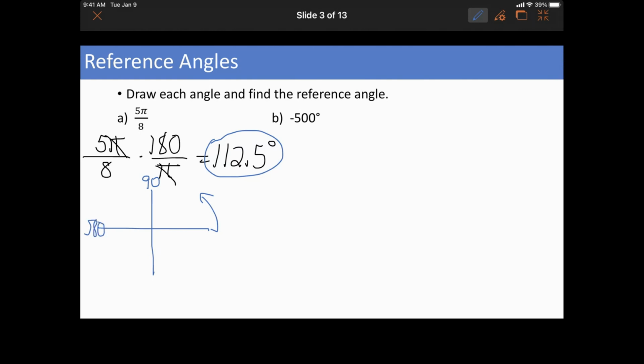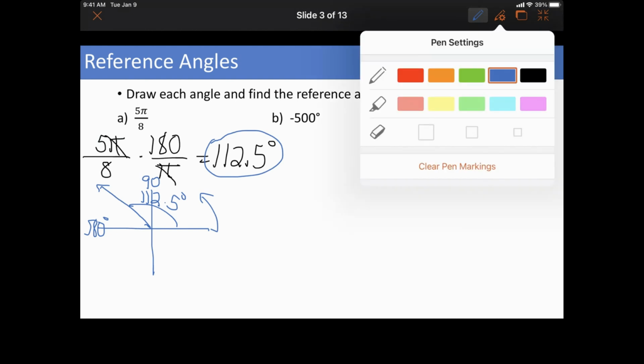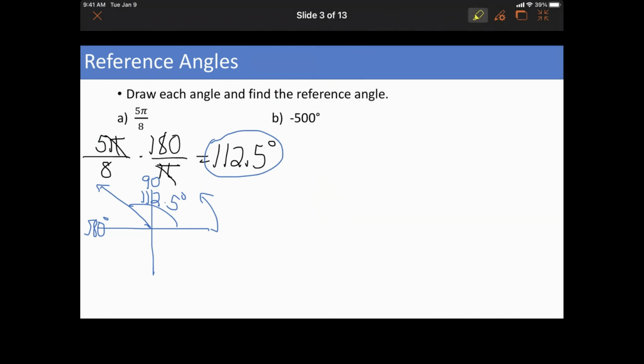It's going to fall in the second quadrant because it's between 90 and 180. It doesn't have to be accurate here. So this is 112.5. The reference angle, again, is from the x-axis to that side, so it's here.